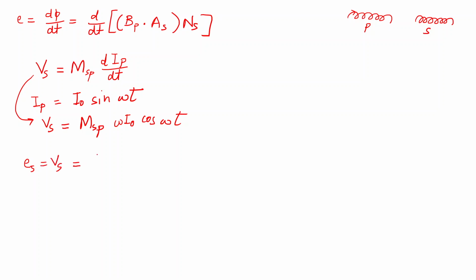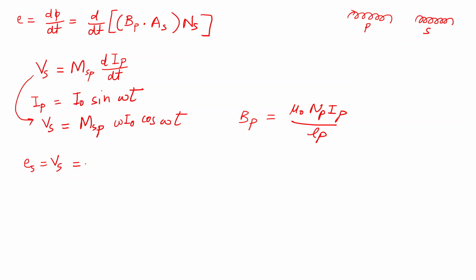So when we substitute here, we get the EMF corresponding to the secondary coil, or we can write it like this also. By definition, Vs was this, but from this law, the EMF will be, since BP is generated due to the primary coil, mu naught NP IP divided by LP.